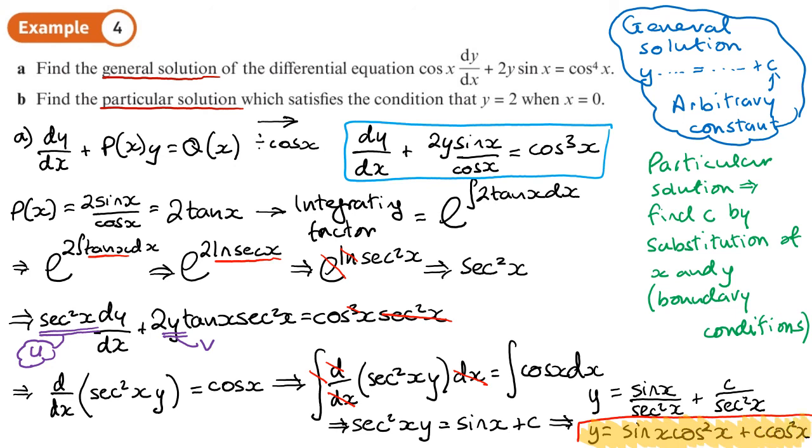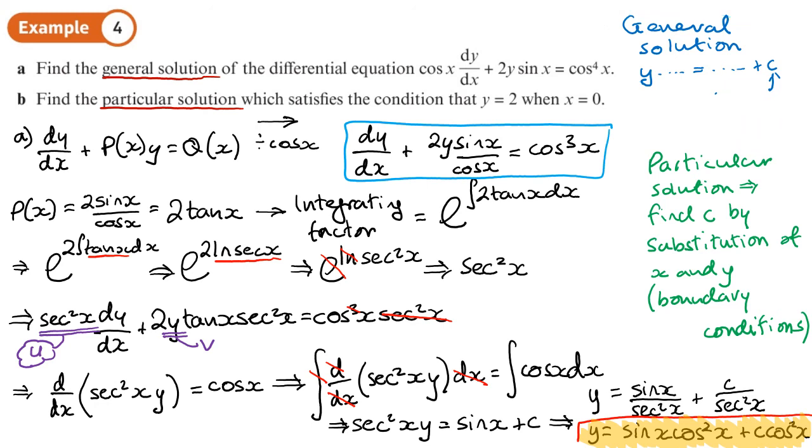Now part B is just a matter of substituting in y is 2 and x is 0 to find c.